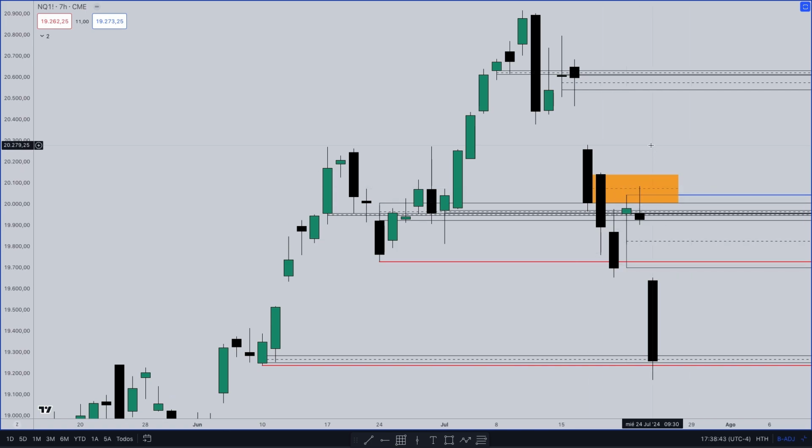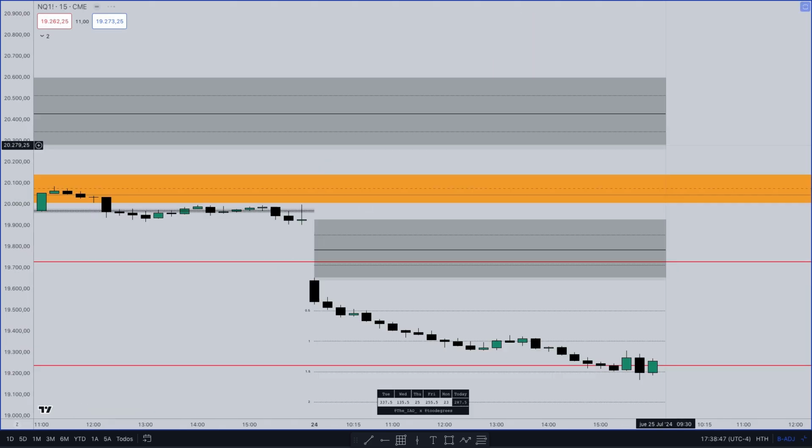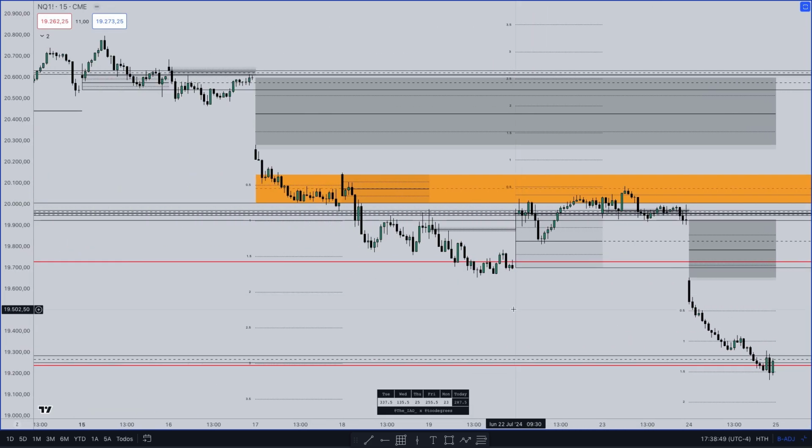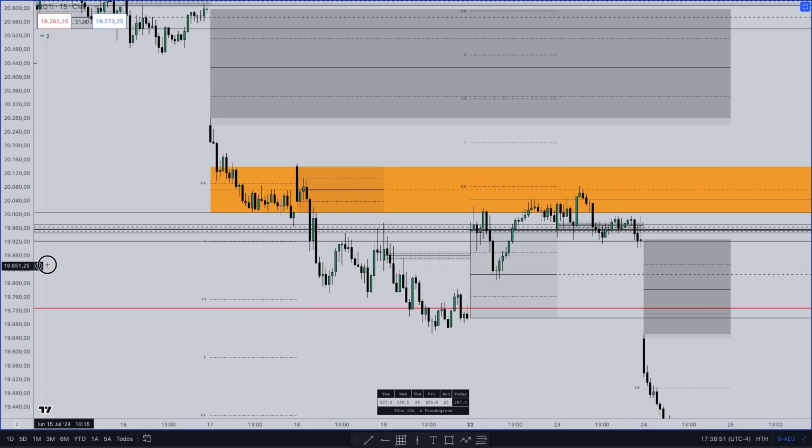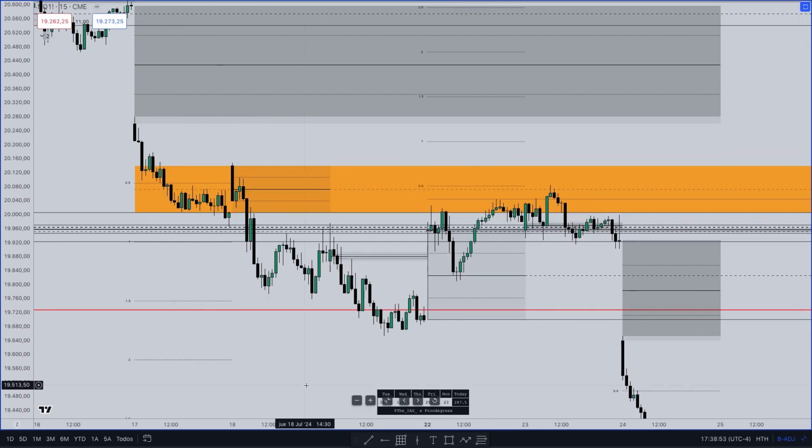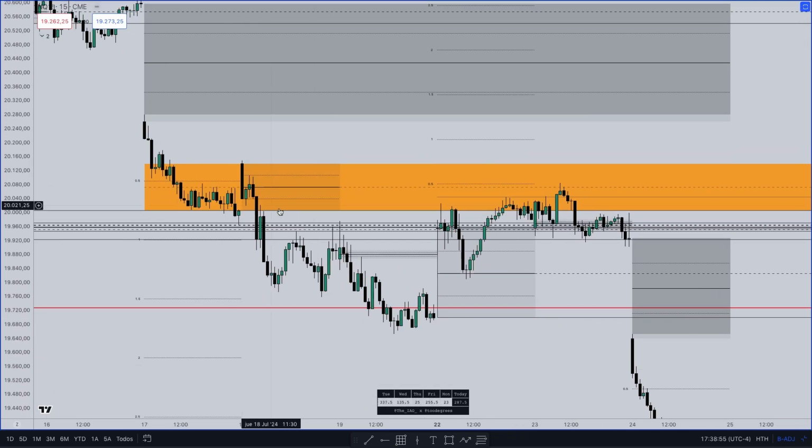Let's see what we have here in lower time frames. Okay, I will change this to the 15-minute chart, same on regular trading hours. And what is this? Look, what is this? This is the opening range gap from Thursday of the previous week.